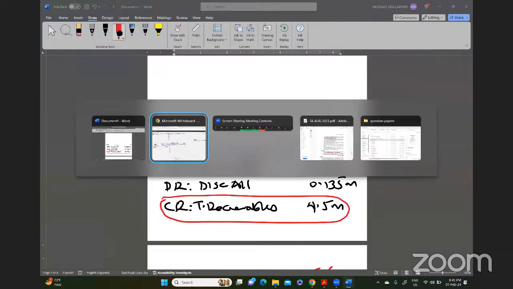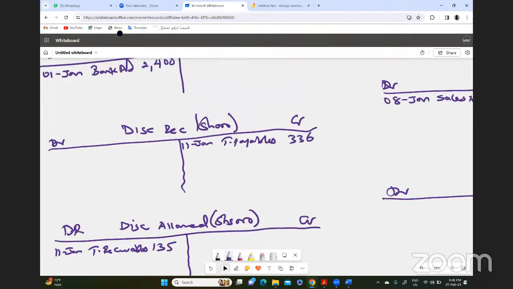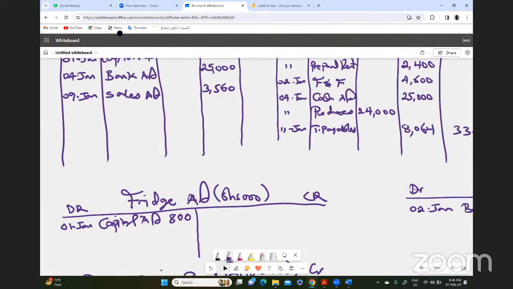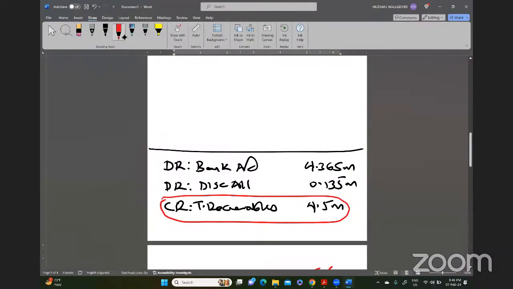So debit discount allowed with trade receivables. Then another debit is going to be where? In our cash book, not so? Yeah, in our cash book. So let's pass it. And it is bank. So still we are writing trade receivables. The money is in the bank. That was 4365.